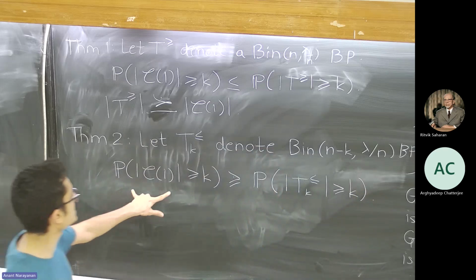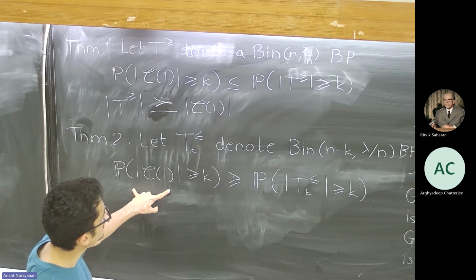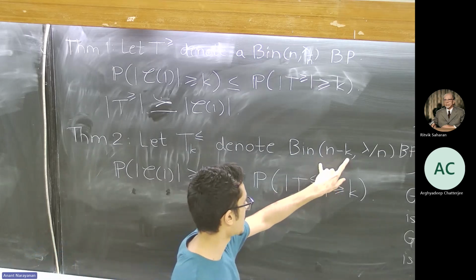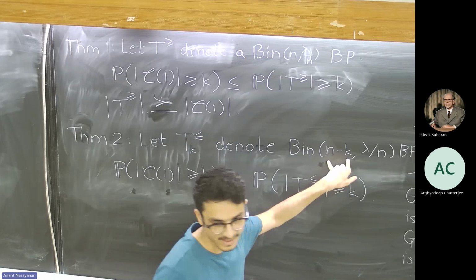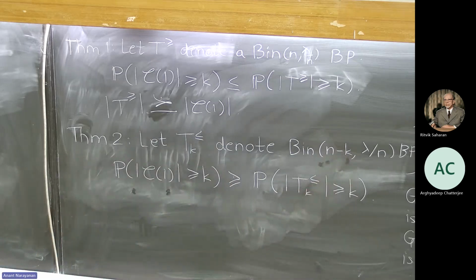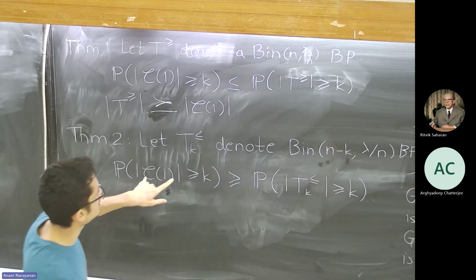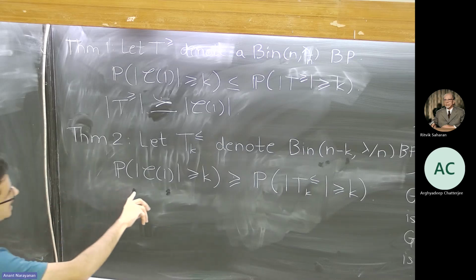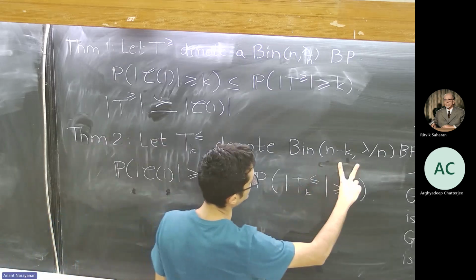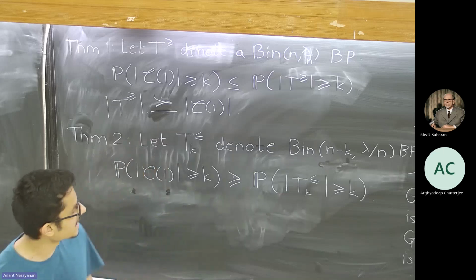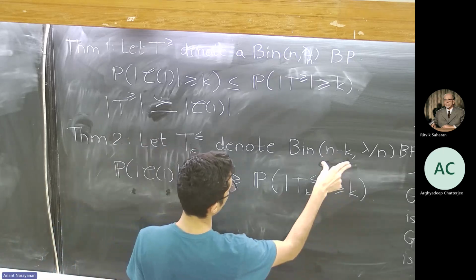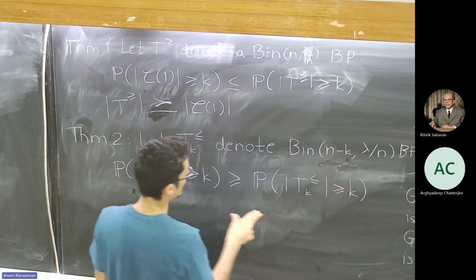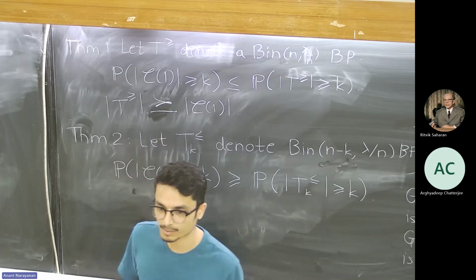What I do in this case is that I see the first time the number of remaining vertices hits n minus k. When I start off this branching process, it will always have n minus k, but until the number of remaining vertices hits n minus k, the random graph has more than n minus k many options available.